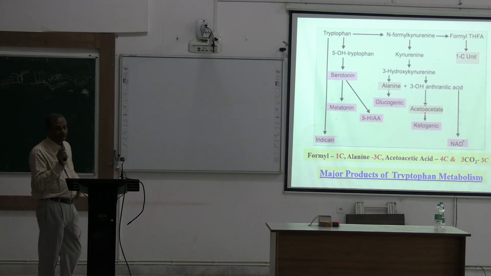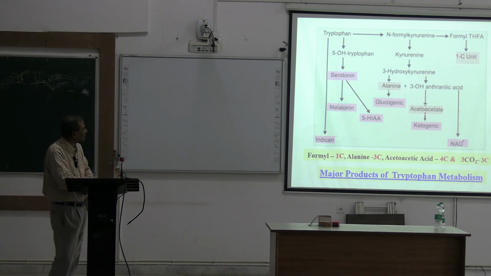You can see from tryptophan how many useful materials are coming. One is serotonin, one is melatonin, one is 5-hydroxyindole acetic acid and indican. These 2 are excretory products. And we are getting serotonin, melatonin, alanine, acetoacetyl-CoA, and formyl methyl tetrahydrofolate.